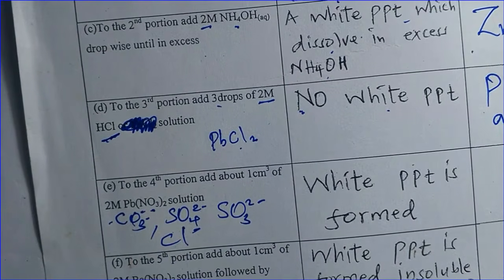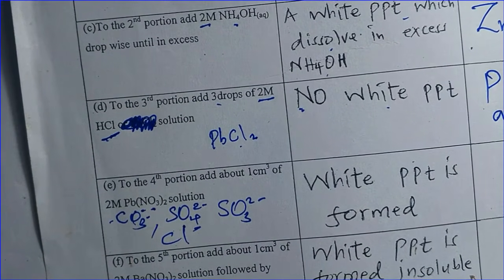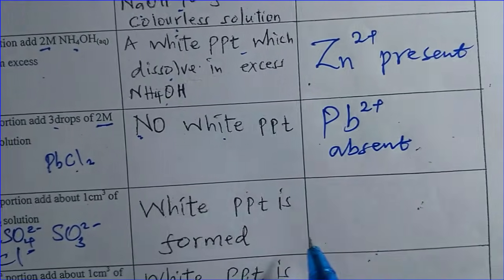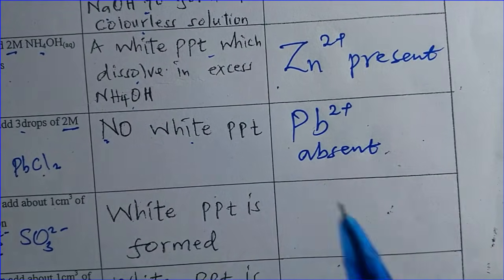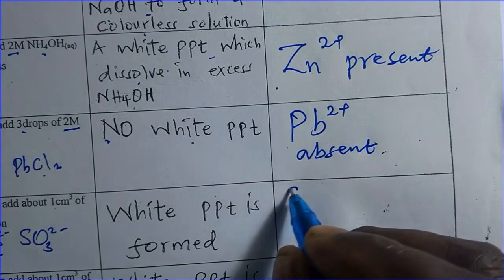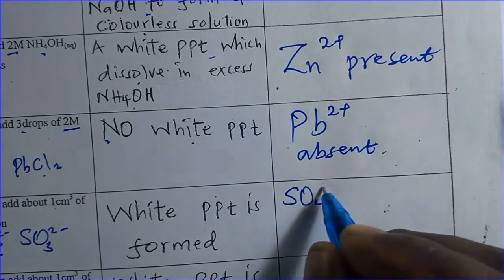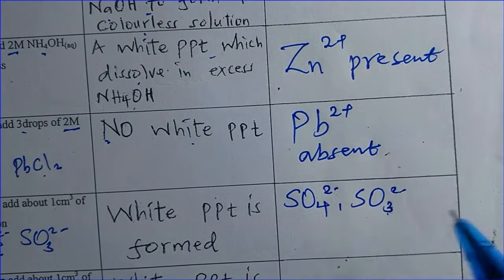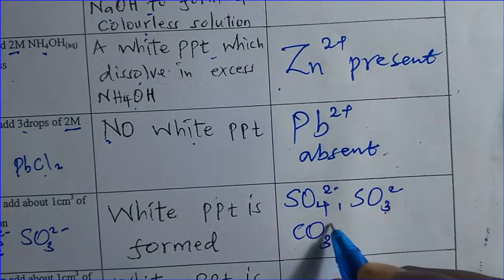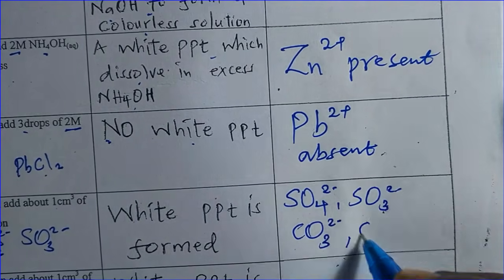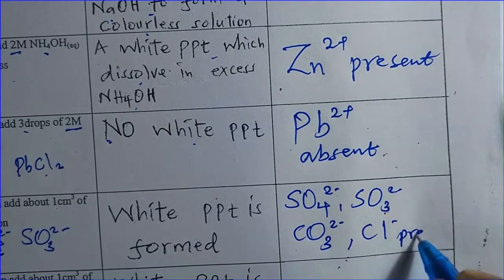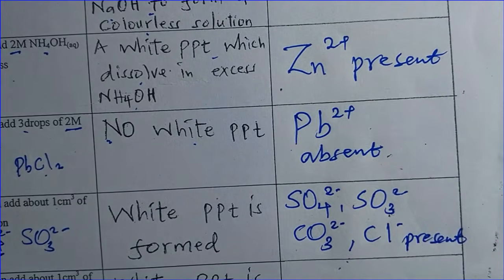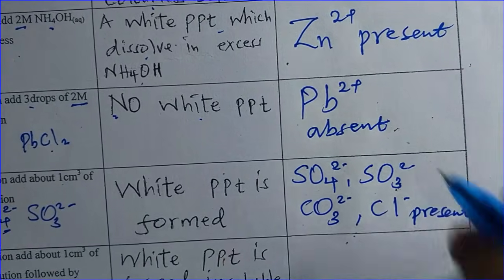All chlorides are soluble except lead chloride and silver chloride. So because a white precipitate is formed, the sulfate, the sulfite, the carbonate, and the chloride are present. That is what it means.